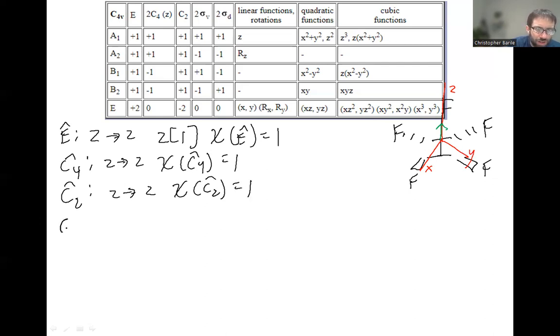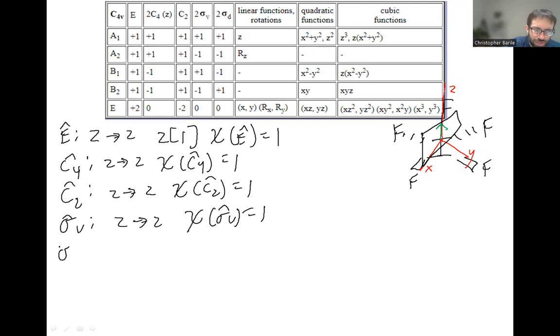And we keep going here, and all these end up being 1. Sigma V, any of the sigma V mirror planes, for example, one of the sigma V's is like this. The other sigma V is going 90 degrees to this, but they both contain the z vector. And so if something is in the plane, it doesn't move. And so then z is going to go to z.